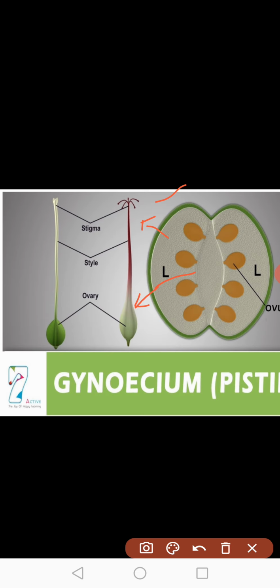Now the placenta is located within the ovary in the ovarian cavity, and from the placenta many ovoid bodies develop. These ovoid bodies are called ovules or megasporangia. Understood? So within the ovary there is an ovarian cavity, and in the ovarian cavity the placenta is formed, and from the placenta ovules are formed. Understood? Okay.